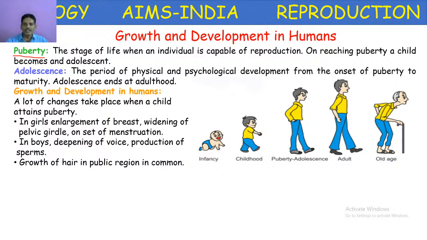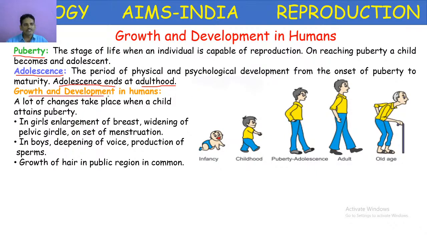On reaching puberty, a child becomes an adult, and puberty is a part of the adolescent stage. The period of physical and physiological development from the onset of puberty to maturity is called adolescence. This adolescence ends with adulthood.